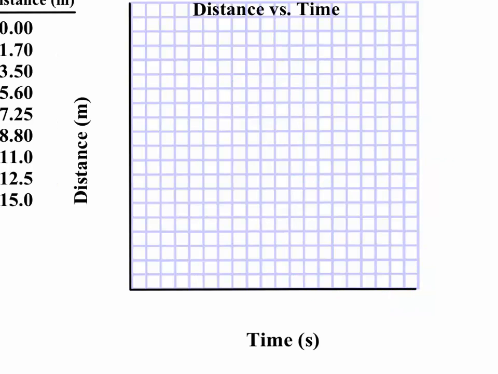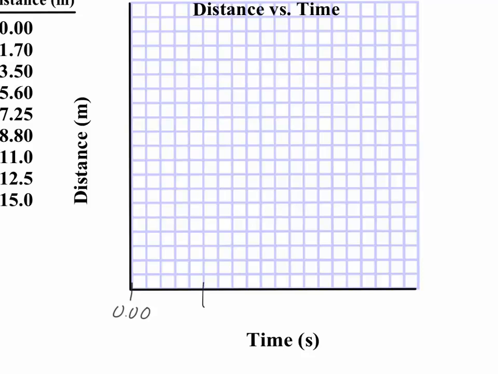Jumping back to my graph, my first data point was at 0.00, so I'm going to start right over here in the lower left of my graph. The way I have this set up, I'm going to skip 5 boxes for every 1 second. So that would be 1 box, 2 boxes, 3, 4, 5, and that's where I'm going to put my next little mark.